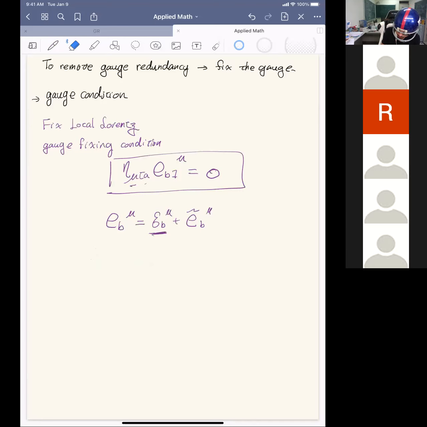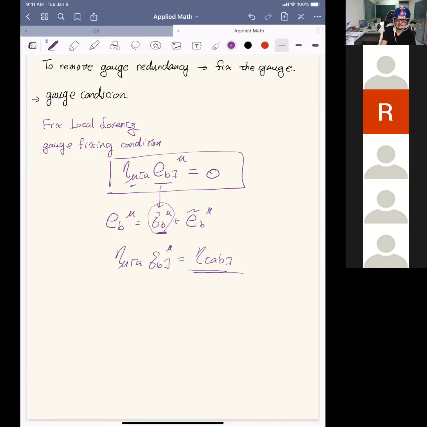So if you expand your Vierbein in this way, then you see that indeed, the reason that you would like to have this condition is just that the leading term, which is delta B mu, just gives you eta A B. And indeed, of course, in flat space, eta does not have the anti-symmetric component.